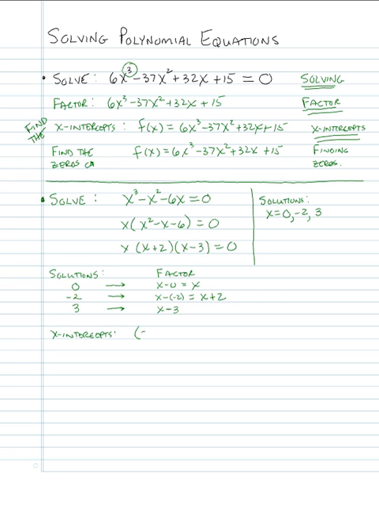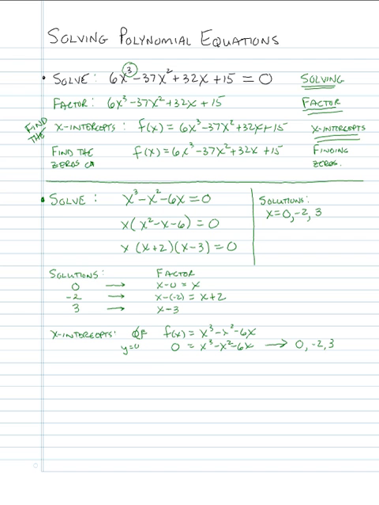I should say x-intercepts of f of x equal to x cubed minus x squared minus 6x. What we would do is say we're looking for the x-intercepts, so y is 0. But that's the same thing as solving the equation we just solved, and we have the solutions of 0, negative 2, and 3. We've already done that work.